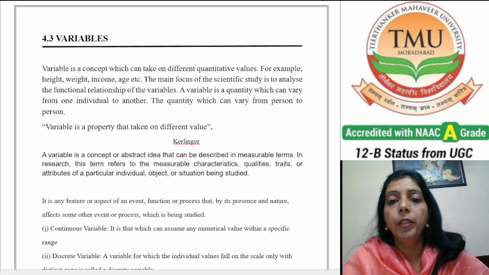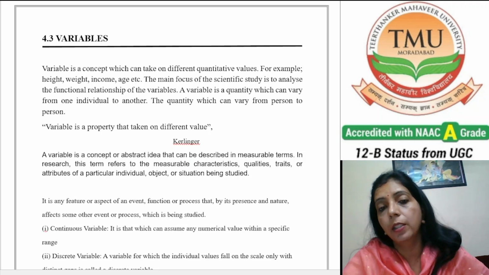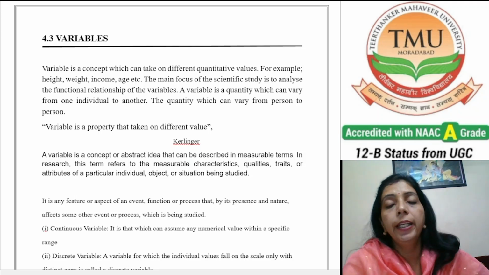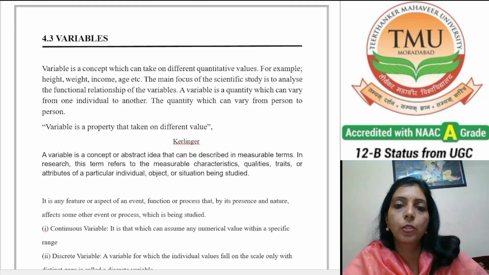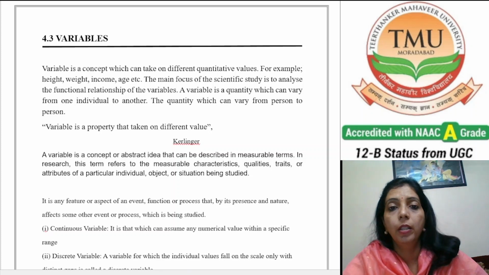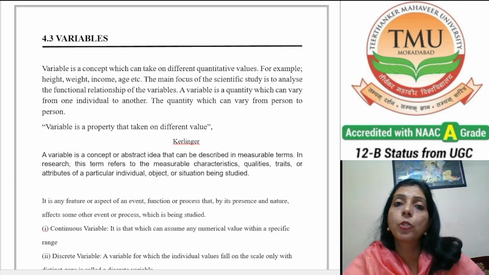A study of the effect of teachers' praise on the reading achievement of fifth grade students. The dependent variable is reading achievement. Effect of what? Teachers' praise. So it depends on teachers' praise.